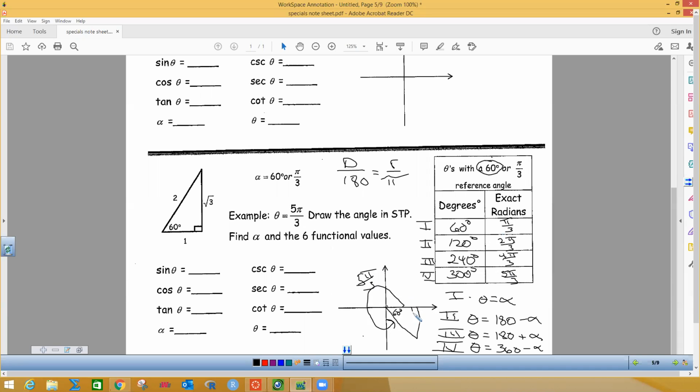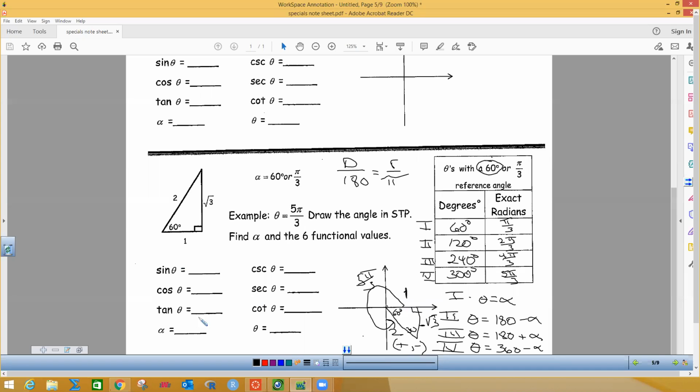So since that's 60 and this is 90, this is 30, the side opposite to 30, we let be 1. And then we take the 1 times radical 3 for the long leg, and then we take 1 times 2 for the hypotenuse. And in this quadrant, x, which is the 1, is positive, and y, the radical 3, is negative because we're coming down. Remember, this quadrant's positive, negative.